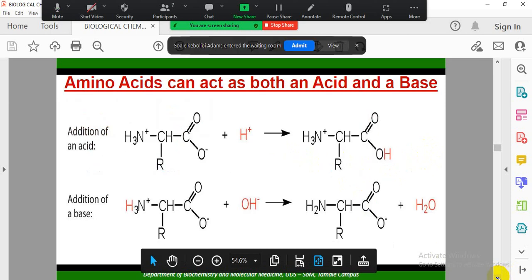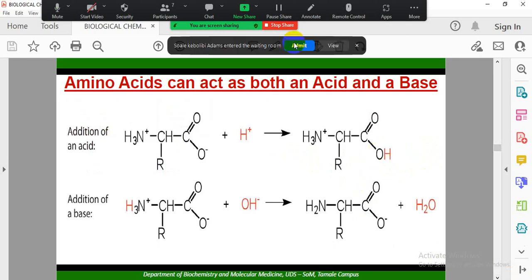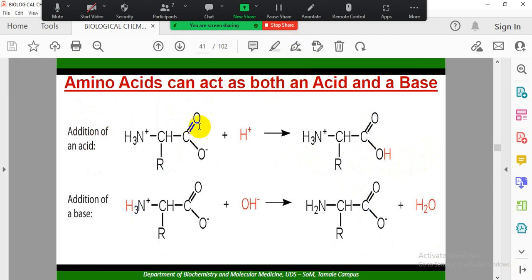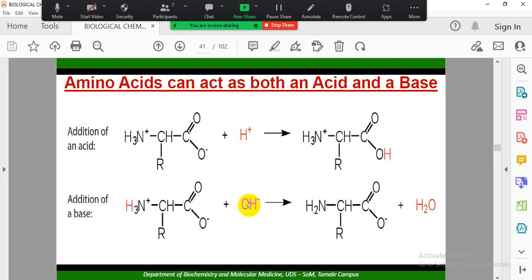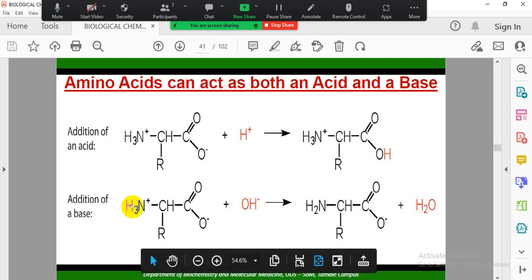Okay. Amino acids can act as both an acid and a base. Addition of an acid. So we can add a proton. Proton is an acid. When we add this proton to this negative O, we get OH. We can also add a base, negative OH, meaning that this proton will leave and bond with this to form water.